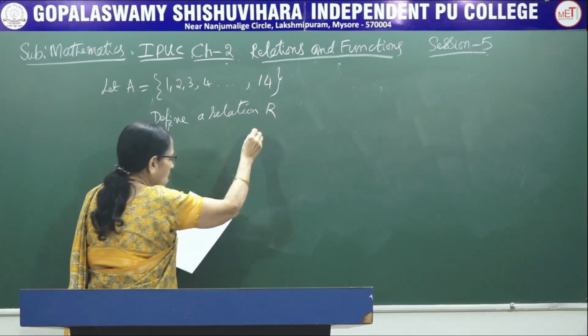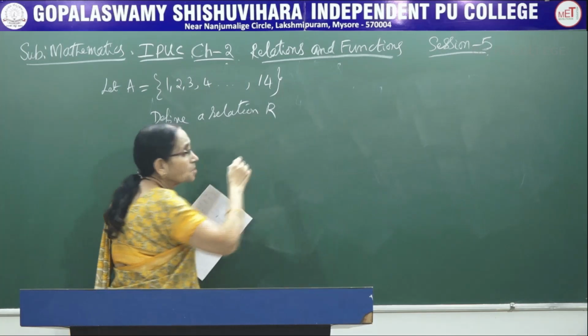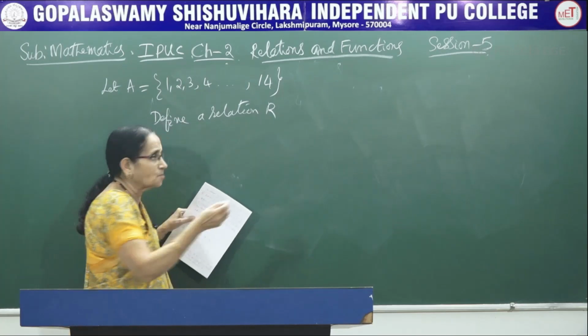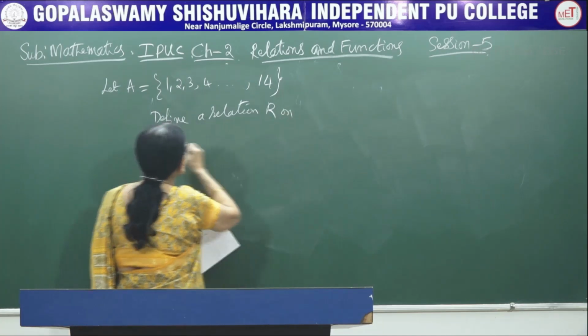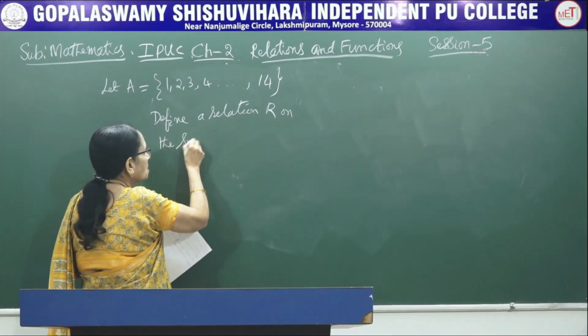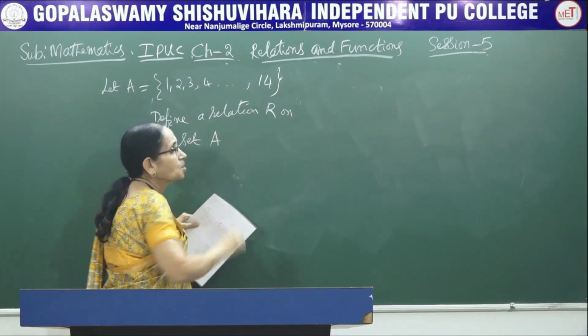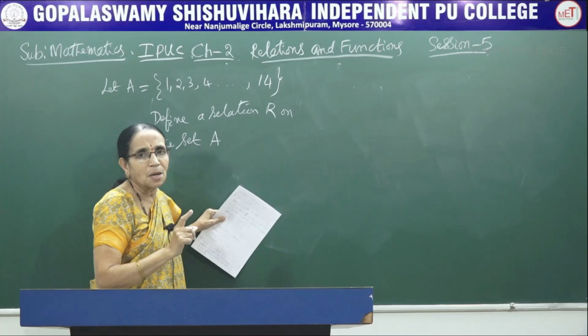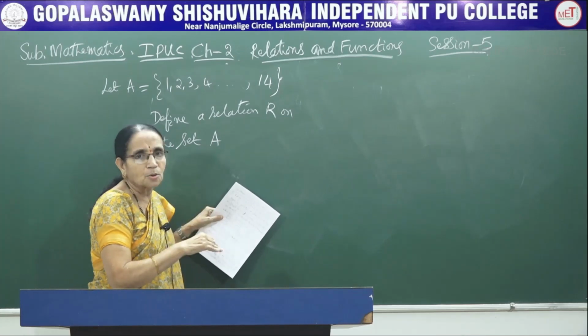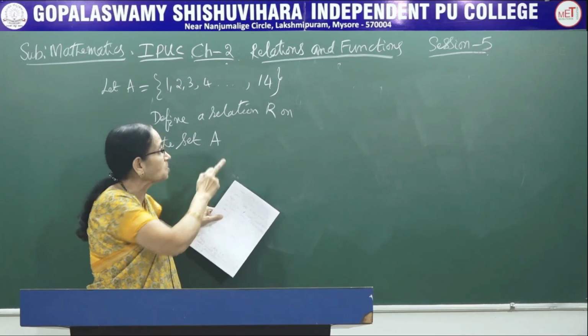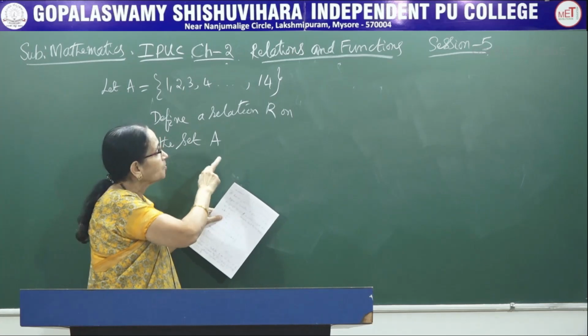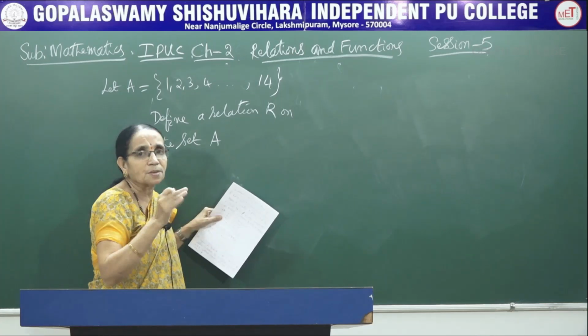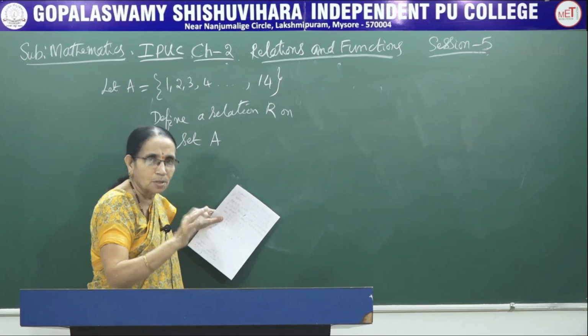Define a relation from set A to set A, they can say, or on the set A. See, both ways it would be given. On the set A means the first set is also A, second set is also A. Sometimes they give it like this. Or define a relation R from the set A to the set A. Both are correct.